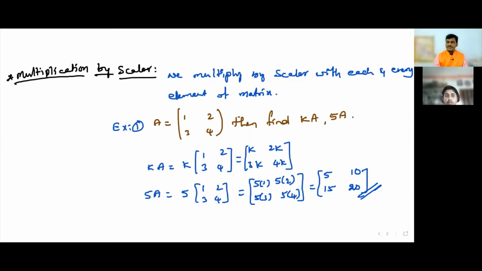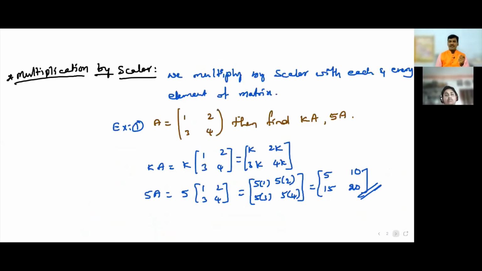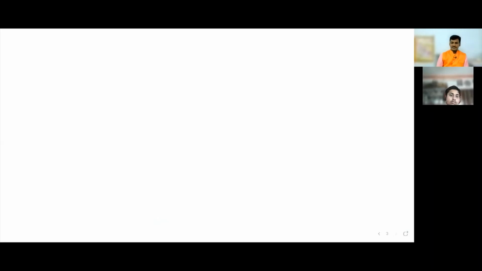Okay, and when we are adding or subtracting, what is additive inverse? What is additive identity? Just now we discussed adding or subtraction of two matrices. What is the additive inverse? What is the additive identity?